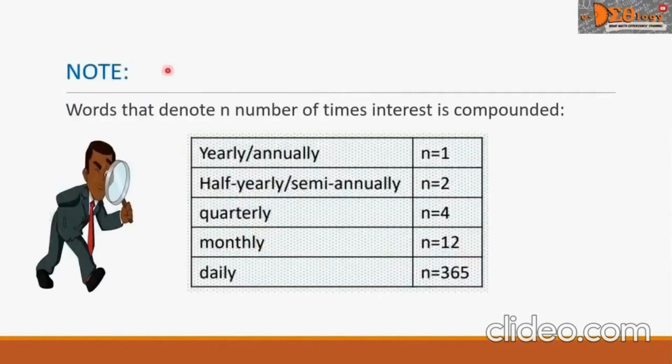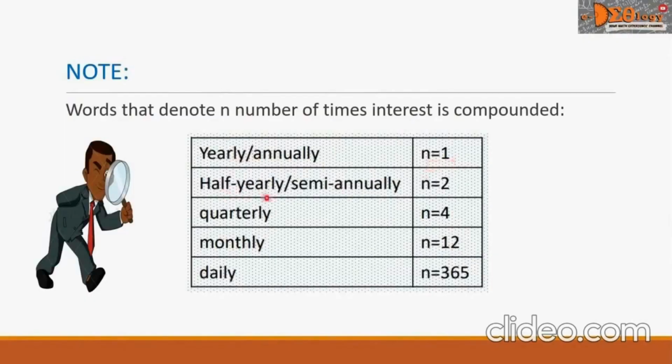Here is a note that there are words that denote n, the number of times interest is compounded. First is yearly or annually, and that is n equals 1.